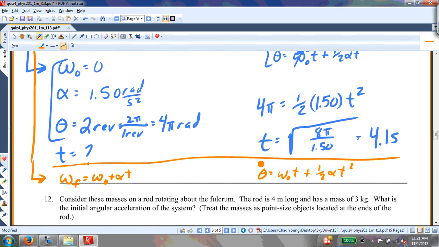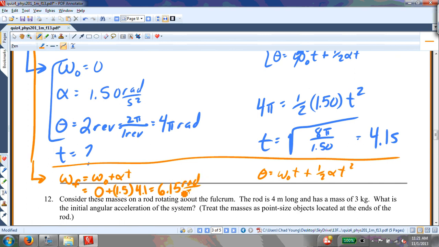Now, I need to find omega final at 4.1 seconds, so that's going to be 0 plus 1.5 radians per second squared times 4.1, and that's going to be 1.5 times 4.1. That's going to be 6.15 radians per second.